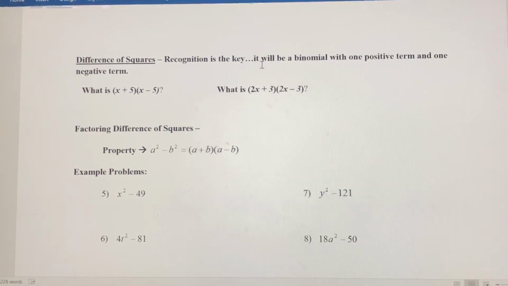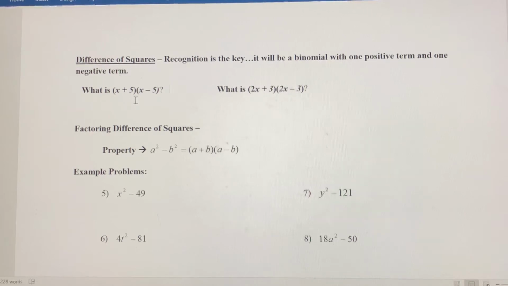So what you're asked to factor will always be a binomial, okay, with one positive term and one negative term, all right? Now, just to show you how these factors come about, if we were to multiply these two binomials using either the FOIL method or the distributive property, however you want to think about that, okay?